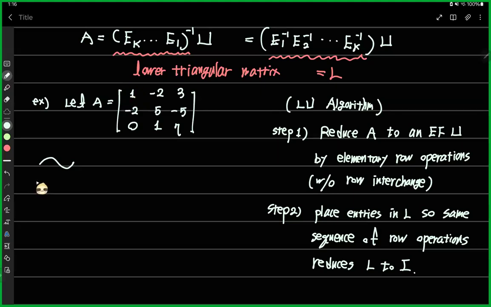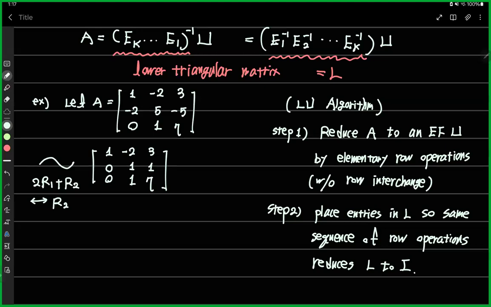Then -2 times R1 plus R2, and replace the second row with that. So we got 1, -2, 3, and 0, 0, 1, 1, and 1, 7, isn't it?